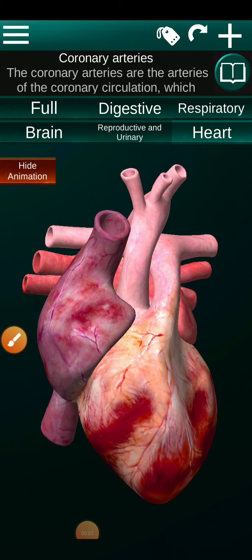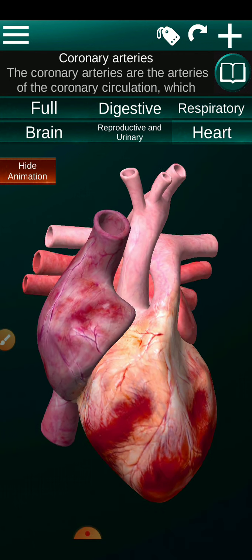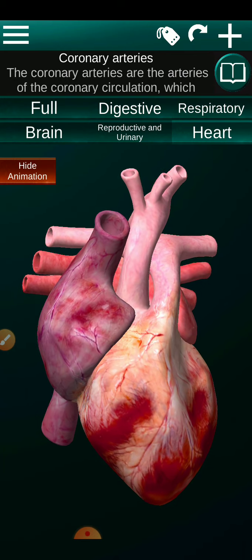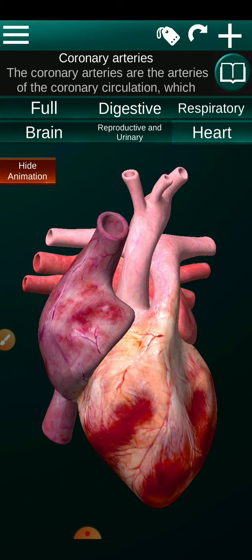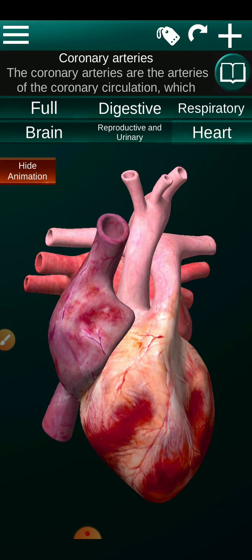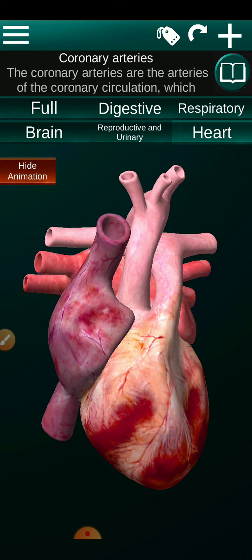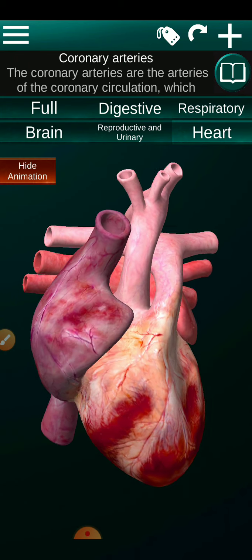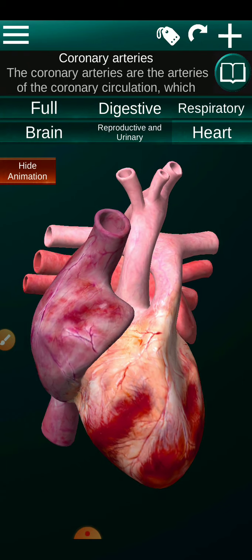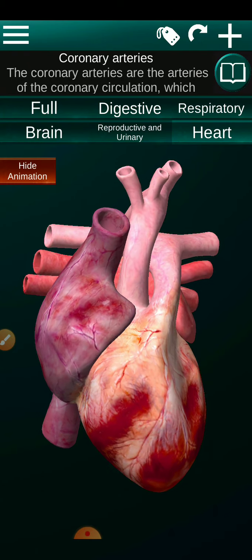Now see the animation. In this you can see the pumping is continuously going on. The muscles of the heart are called cardiac muscles, and cardiac muscles have a characteristic that they do not get fatigued. They start working from birth till death.